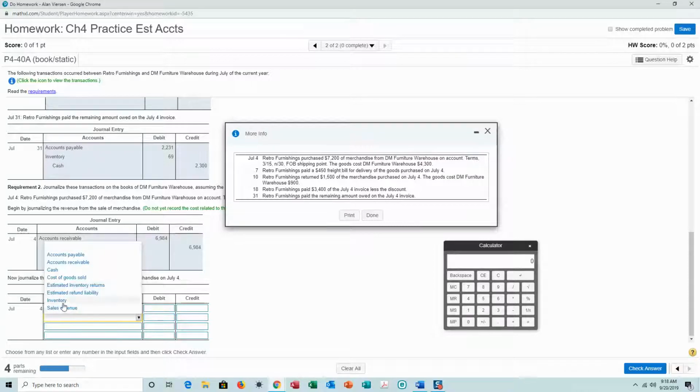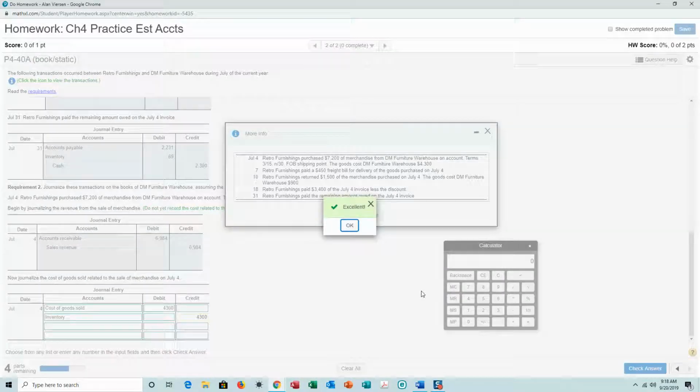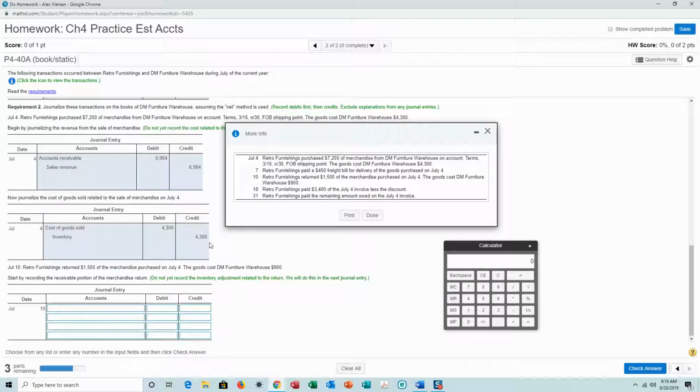And we're going to credit inventory, because when we sell something, the amount of inventory we have goes down. That's going to be for $4,300. Now, several problems give you the percentage of the cost of goods sold, so you would multiply that percentage times, in this case, 7,200. But here they just give you the $4,300 cost of goods sold.